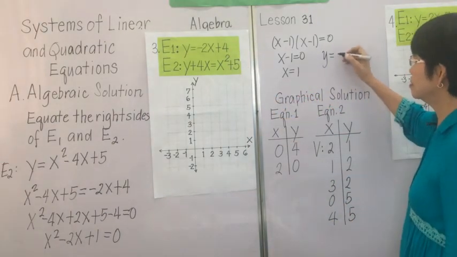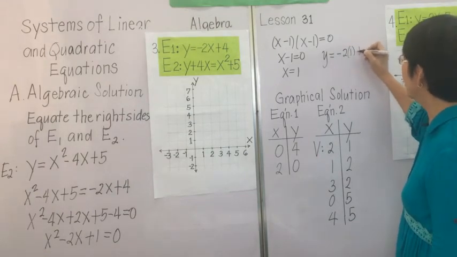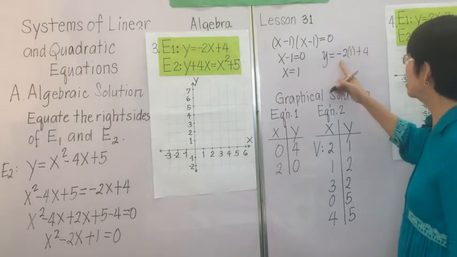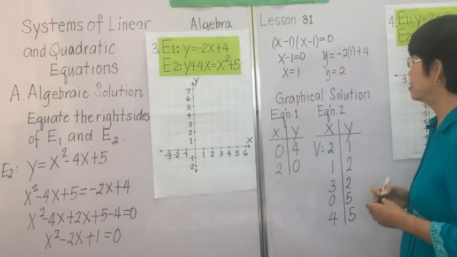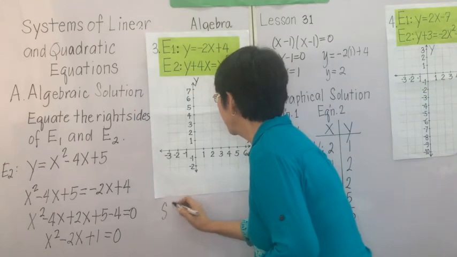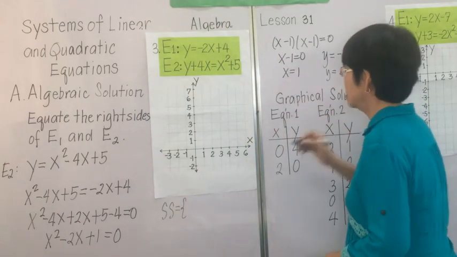So y is equal to negative 2 times 1 plus 4. So 4 minus 2, y is equal to 2. And so our solution set is (1, 2).